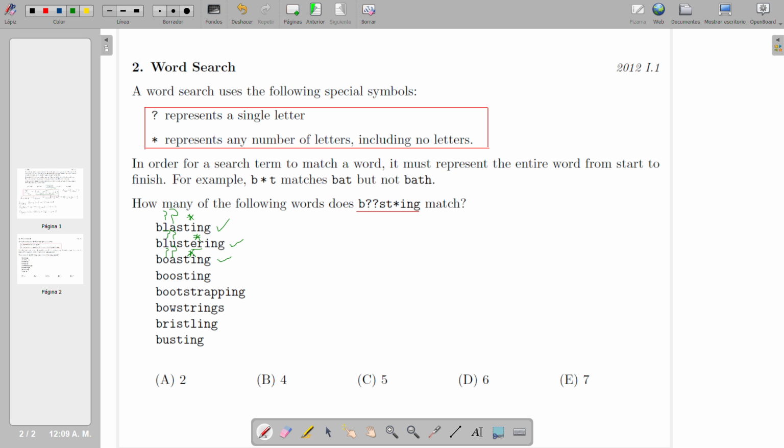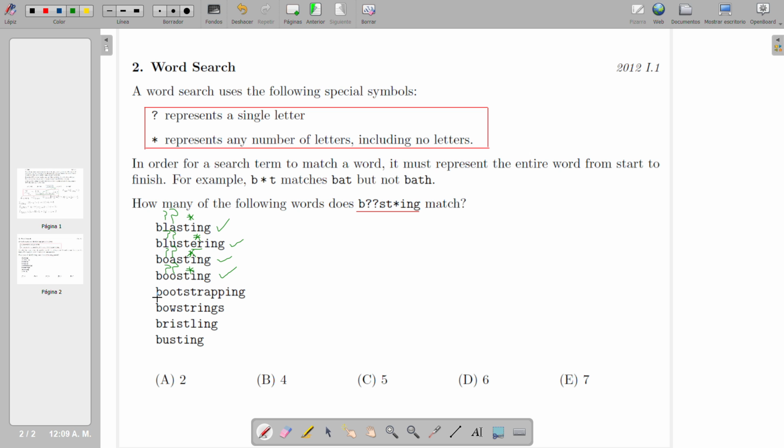So boasting also meets the criteria. Then we have boosting. For O and O, both O's could be represented by a question mark. And once again, we have no letters between T and ing, so boosting also meets the criteria.